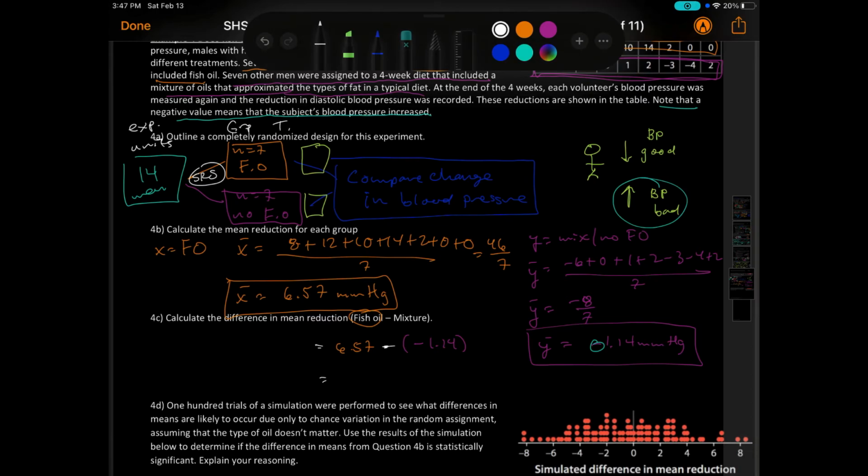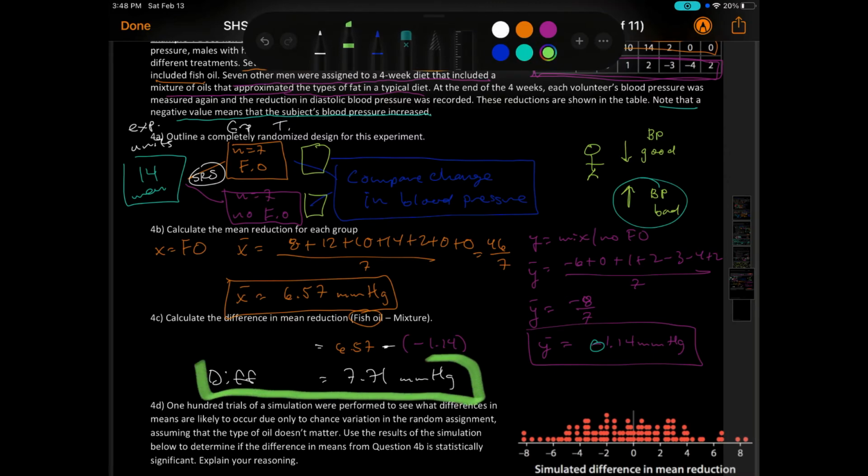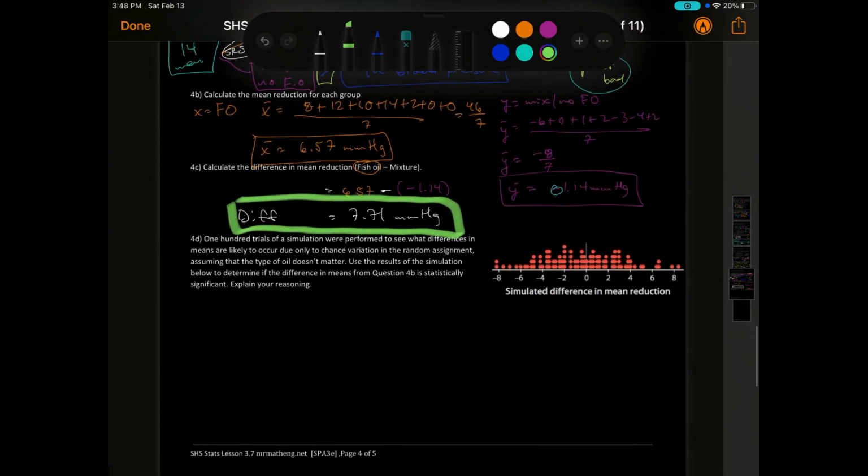So if you do that, then the difference is 7.71.